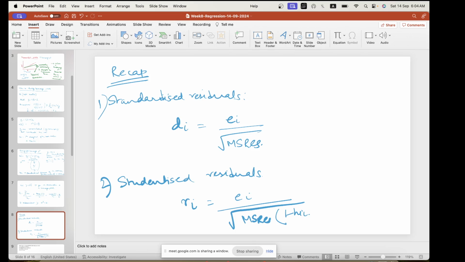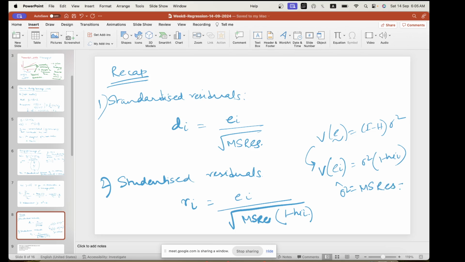Okay, so why this 1 minus Hii? Because we have shown that variance of E is I minus H into sigma square. So from here we can see that variance of Ei would be sigma square into 1 minus Hii, and sigma square hat from any regression model is actually the ms residual.